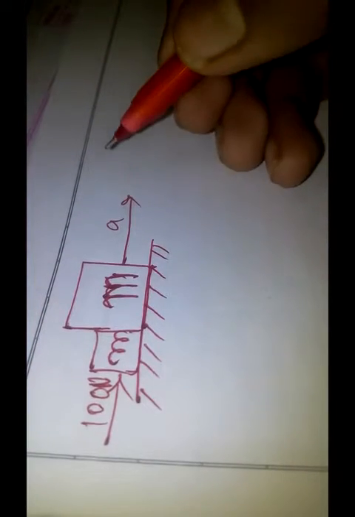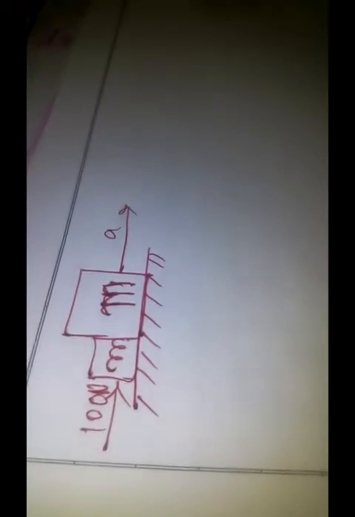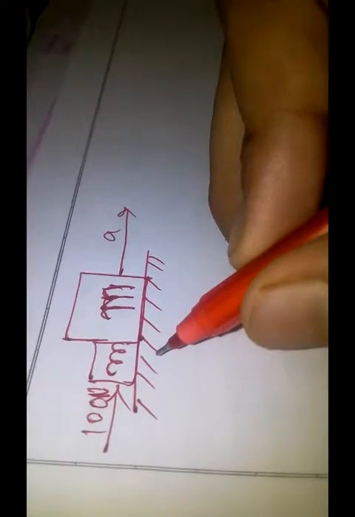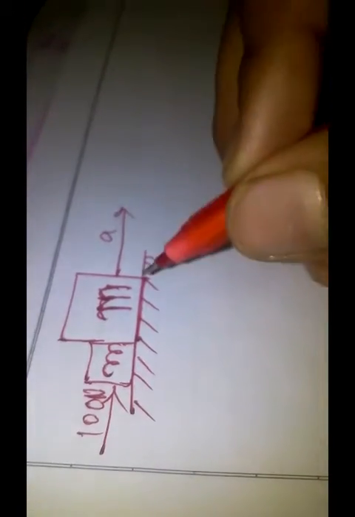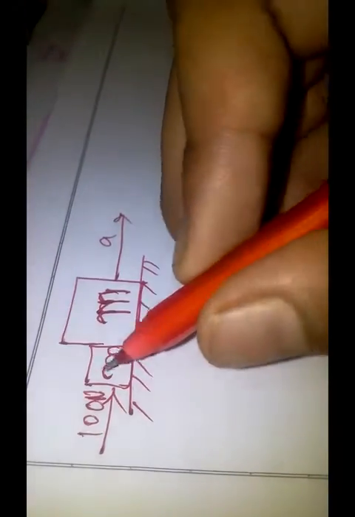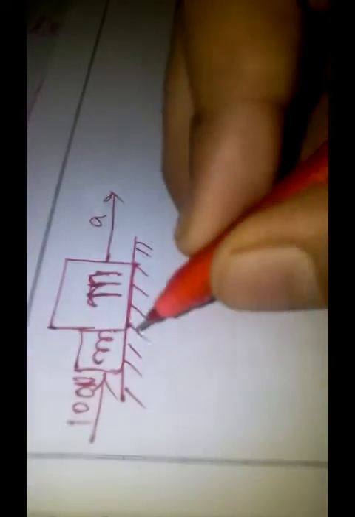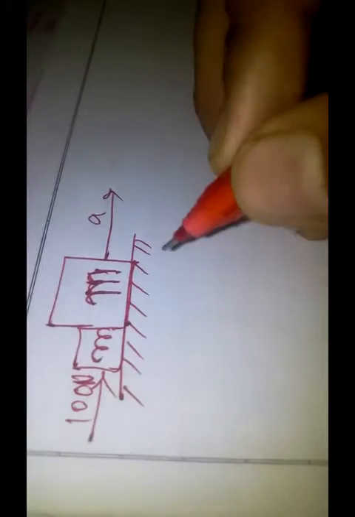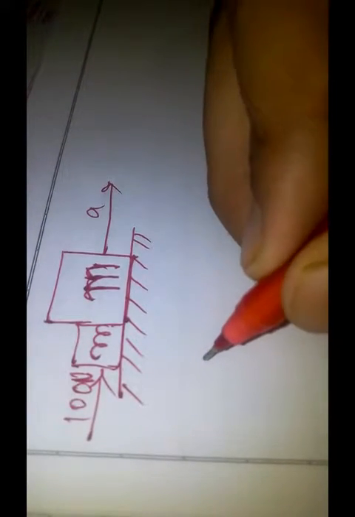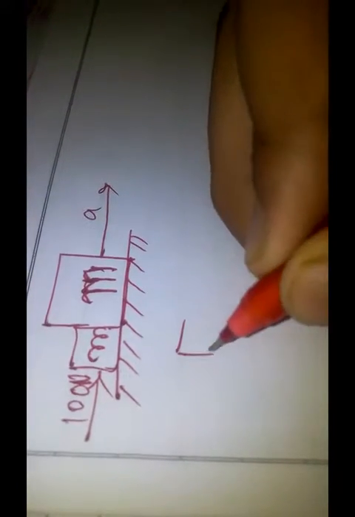So how will you find the acceleration? The main thing here is you have to find the mass of this system. This is not an isolated system because another force is acting on it. To make the free body diagram of both the masses, we will make a box.